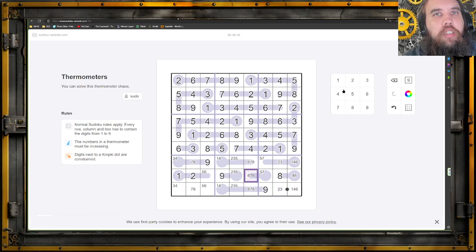Okay, this can't be the 8. This can't be the 7, so this has to be a 5, because that was 7 would be bigger than both of these. This has to be the 6 because that's the only other option without 5. That's 7 because there's no other option.